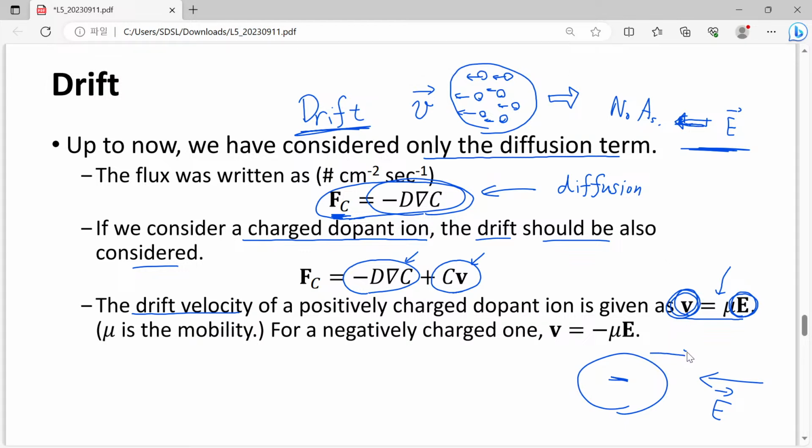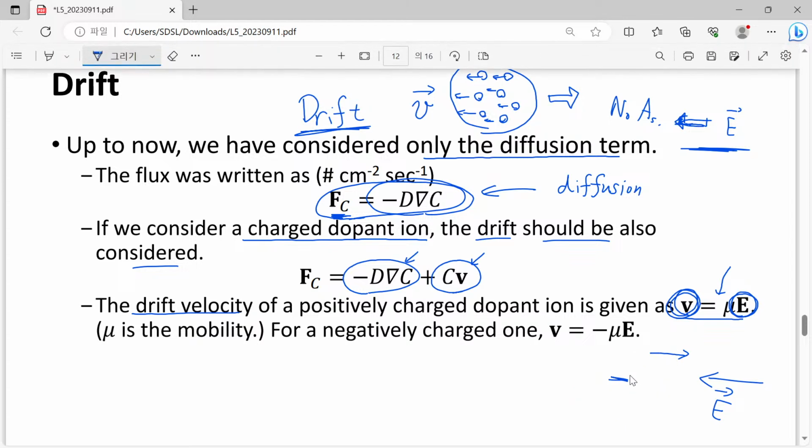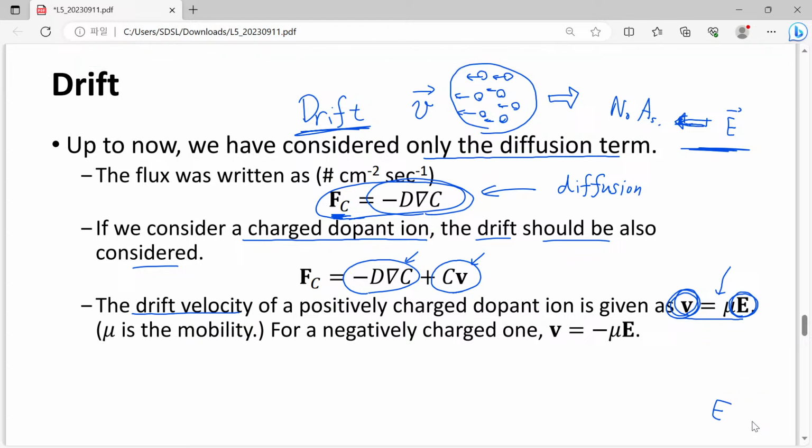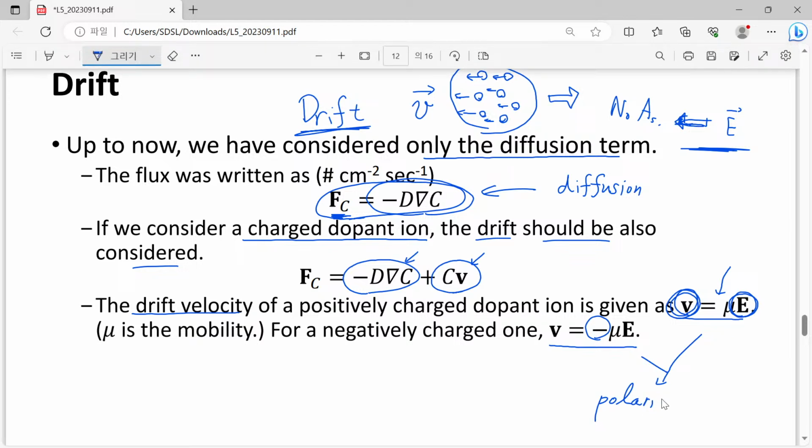In this case, the direction will be the opposite. They are drawn toward the source of the electric field. So for a negatively charged dopant ion, we will have a negative value, positive and negative. Who decides this? Yes, this is actually the polarity of your dopant ion.